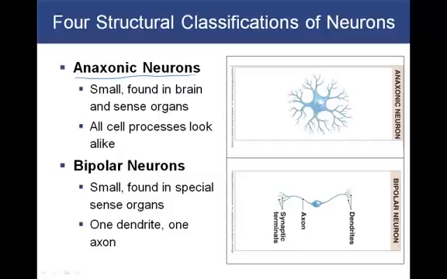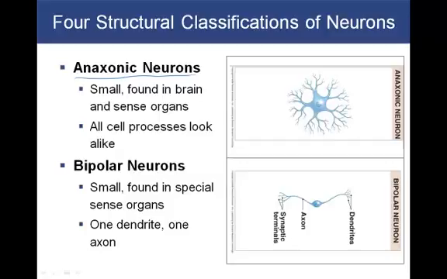They're generally associated in the brain with, in close relation to, sense organs. And we find that all the processes of the cell look the same. You do not have short dendrites and a very long axon that we would see in a typical neuron, but they all look the same. They're nearly impossible to identify, which of these processes are dendrites and which one is the axon.